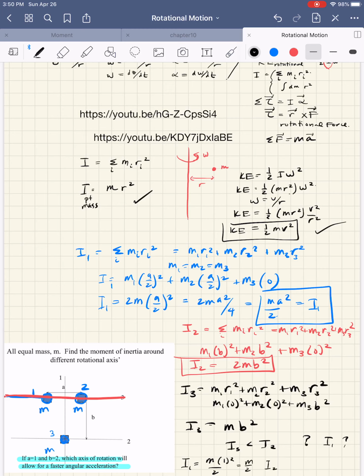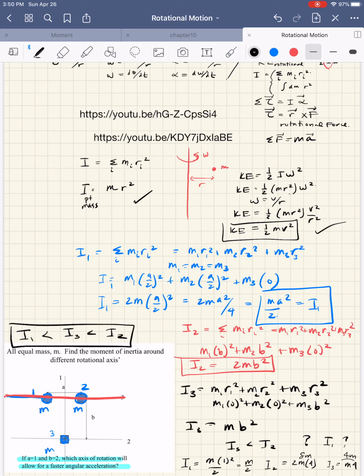I2 would then be equal to 2 times m times b squared, 2 times m times 4, which is 8m, and I3 would equal m times 4, which is 4m. So in fact, the smallest moment of inertia is I sub 1, which is less than I sub 2 and I sub 3, but I sub 2 is greater than I sub 3.